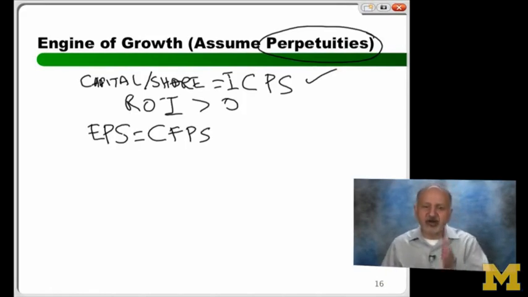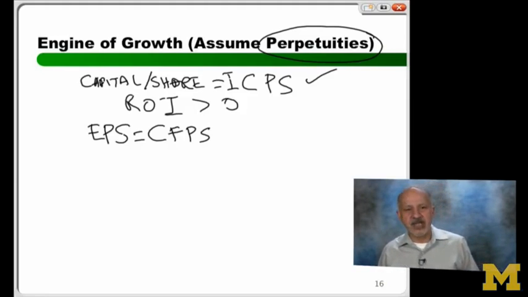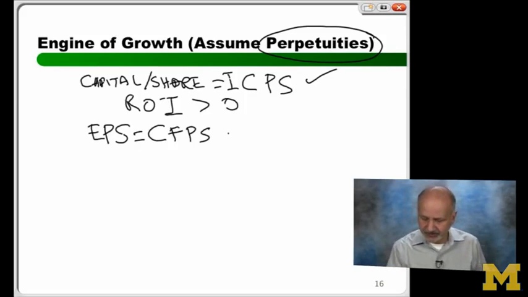Their way of recording stuff is very different from when the cash flow actually happens. We know how to do this. The only reason I'm saying this is because in the real world, the same language is used, and it may mean different things to different people. But in finance, earnings per share is cash flow per share. Okay? It is equal to ICPS times ROI.